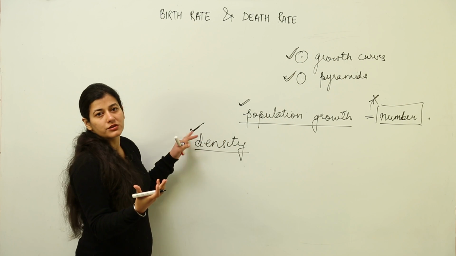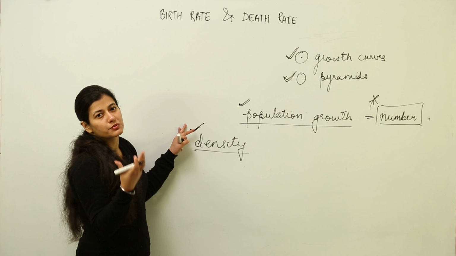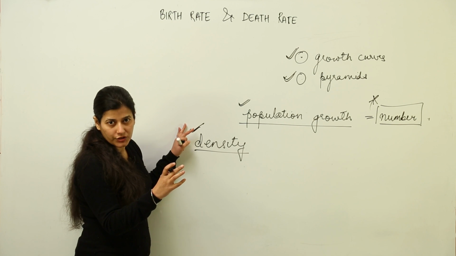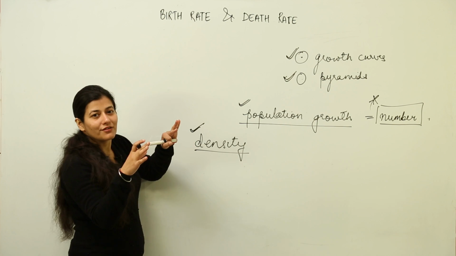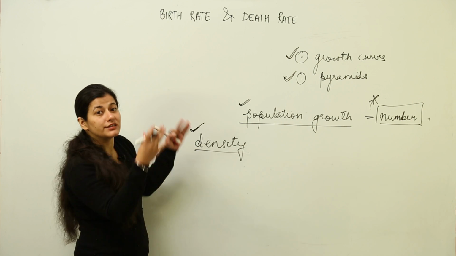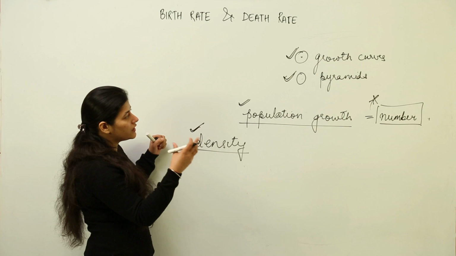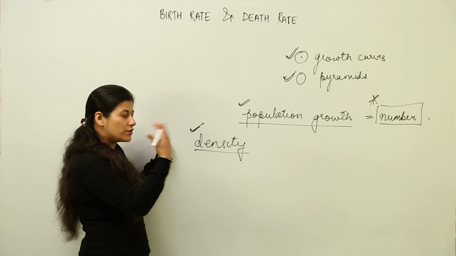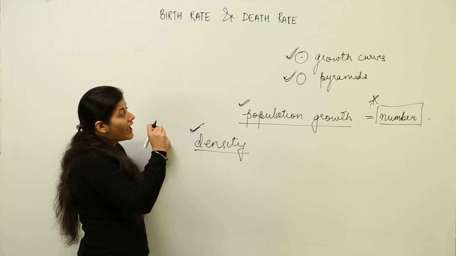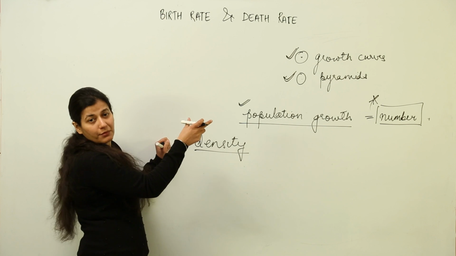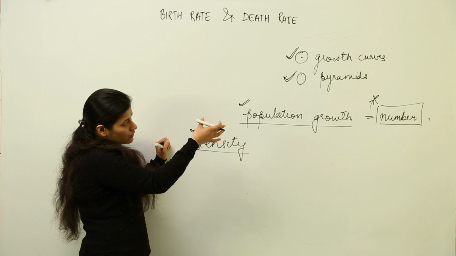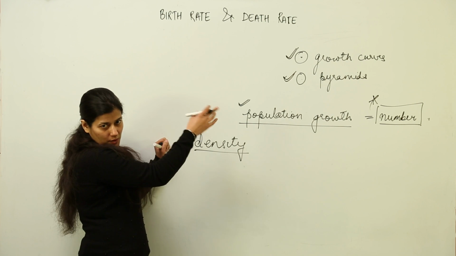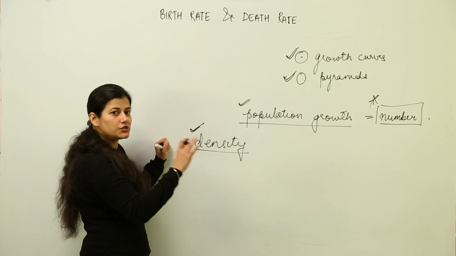And why are they important? Because whenever you have to study a population with regard to a greater reference where we study factors like evolution and the rest of the things for higher studies, we have to consider these pyramids and the growth curves that you will study in subsequent lessons.